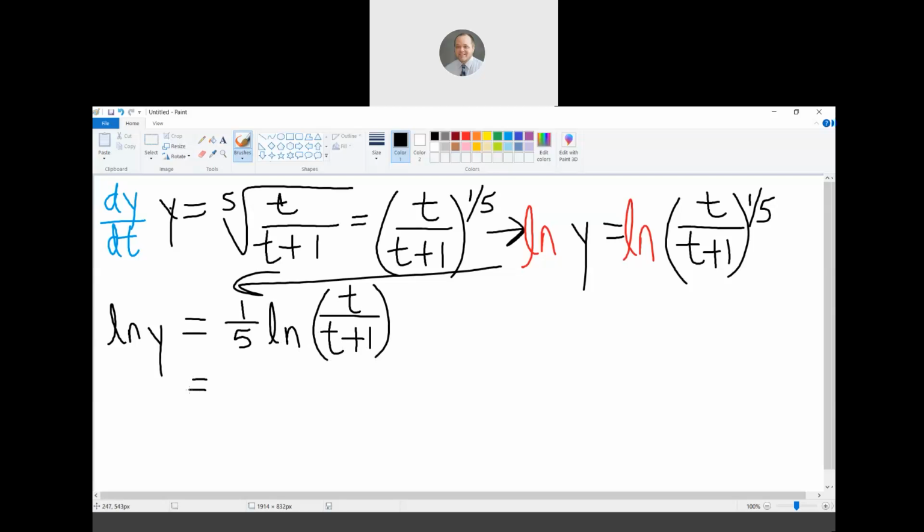Let's use another natural log property to break down our natural log even further, to make the derivative easy to find. We have a quotient, so we can separate this into subtraction. So 1/5 natural log of t minus natural log of t plus 1.